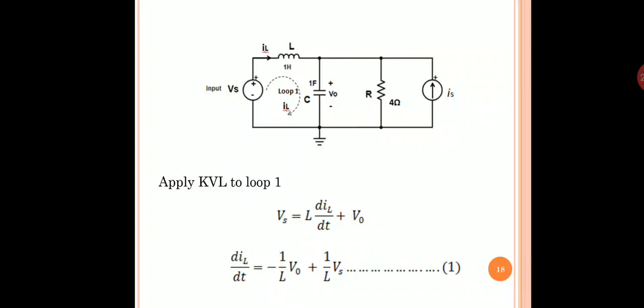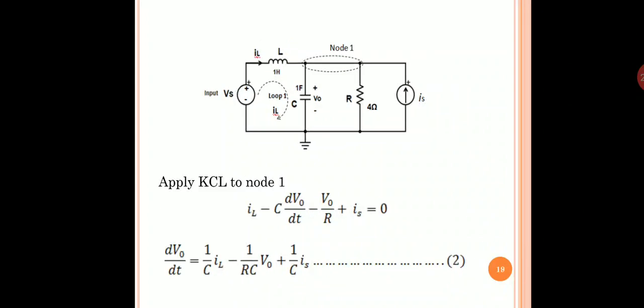U is inputs. Now to consider the current Is, I can apply a current equation, that is KCL, Kirchhoff's current law, to this node 1. Please note, as these two nodes are directly connected, these together are treated as one node.